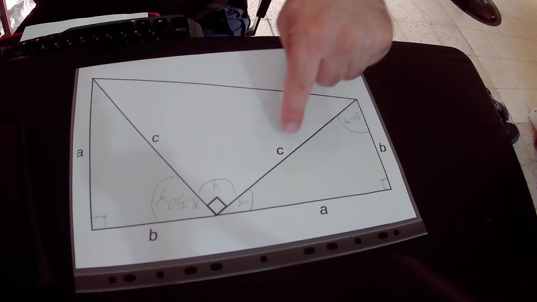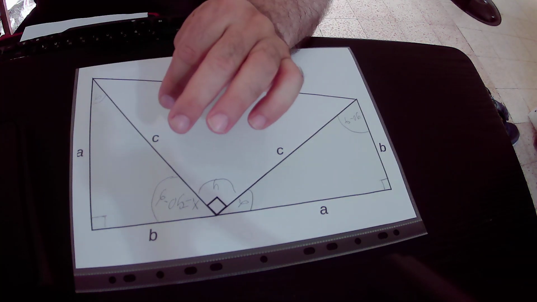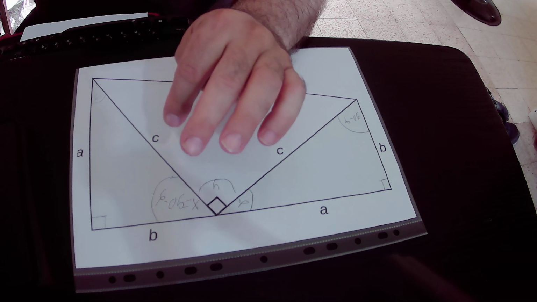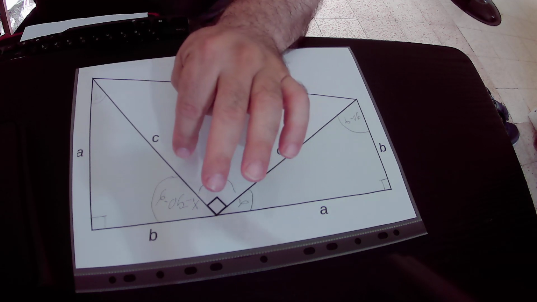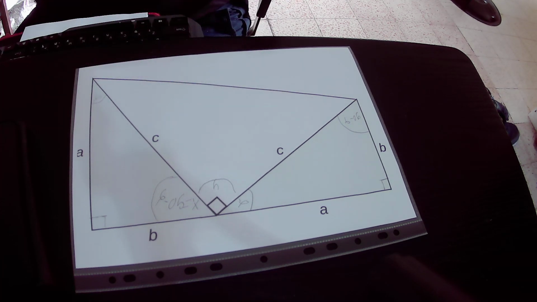This is side C, so this must also be side C, because they overlap.